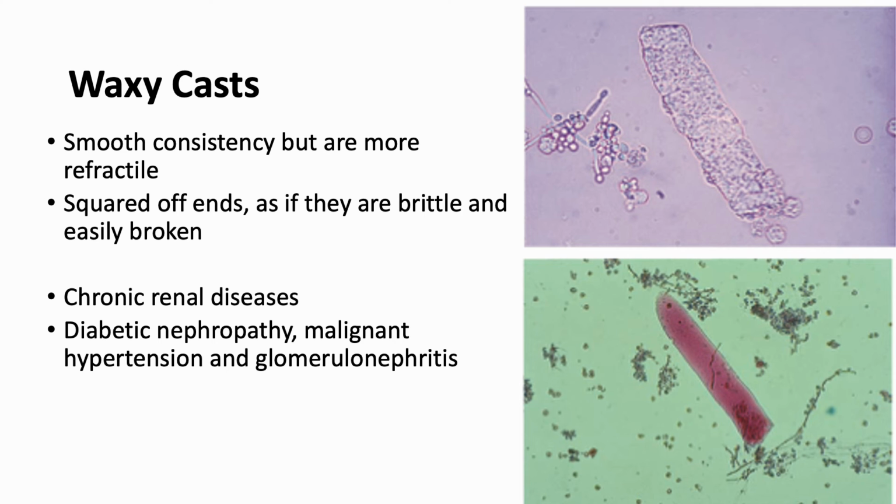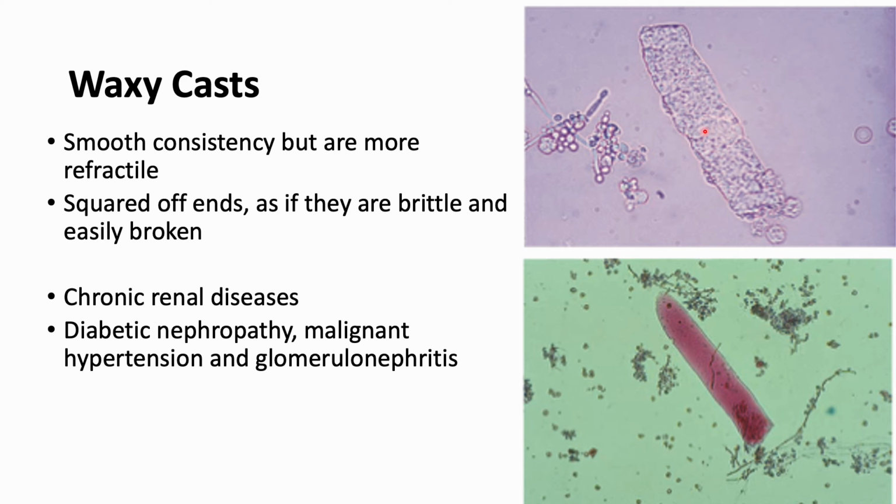When granular casts remain in the tubules for extended periods, the granules further disintegrate and the cast matrix develops a waxy appearance, hence the development of waxy casts. The structure becomes more rigid, the ends of the cast may appear somewhat jagged or broken down, and the diameter becomes broader.